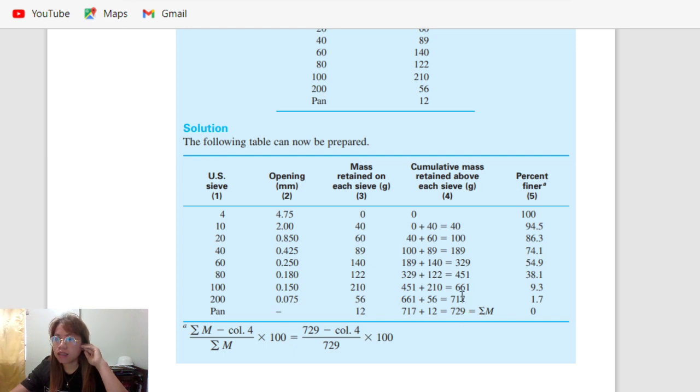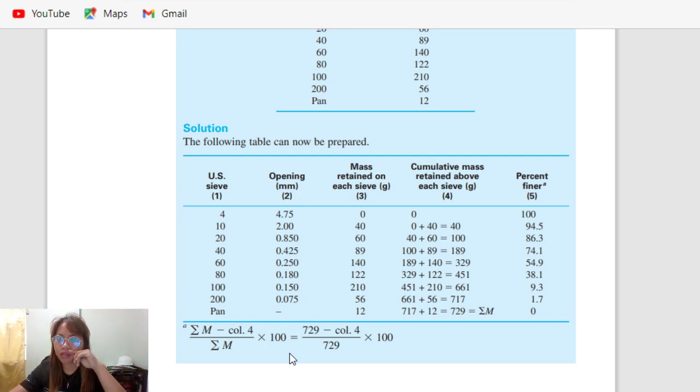Right? So, the percent finer, this is the percent that passed each sieve, no? The formula for that one is the summation minus the column 4, divided by the summation, times 100%.